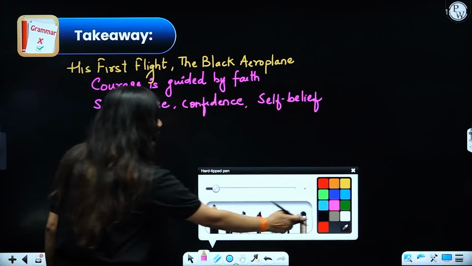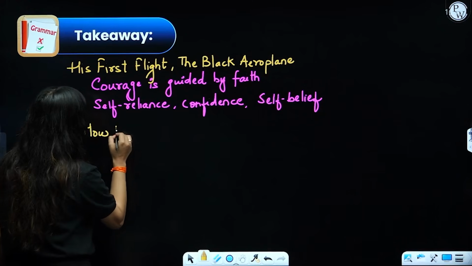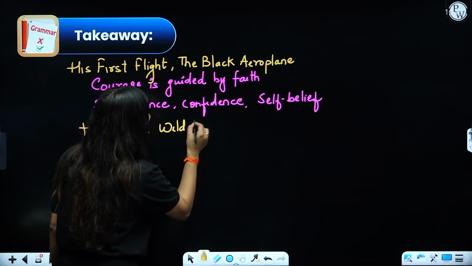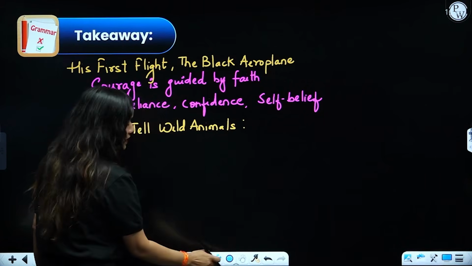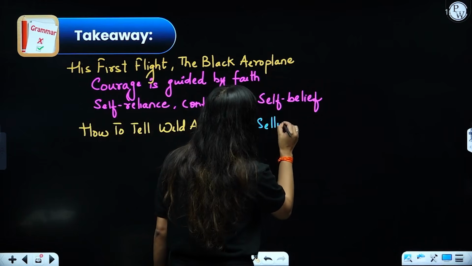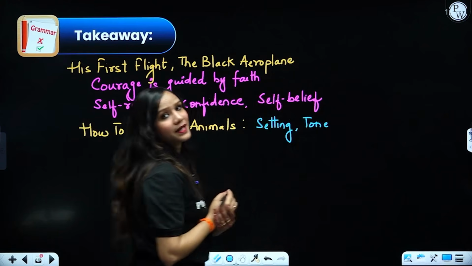Now, coming to the poem, How to Tell Wild Animals, we need to understand setting, tone as well, right?